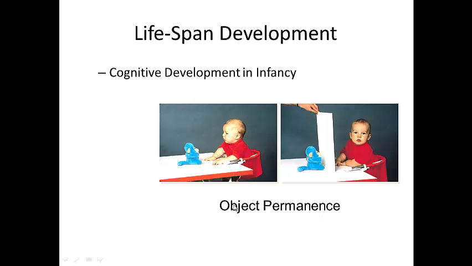Object permanence is the idea that whenever we see an object existing in the world and then it disappears from our view, we know that it still exists. But a young child doesn't have that ability.